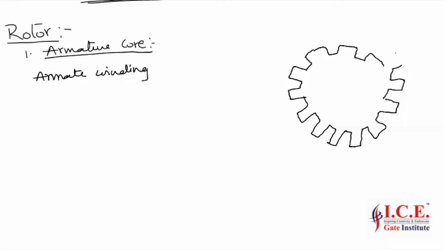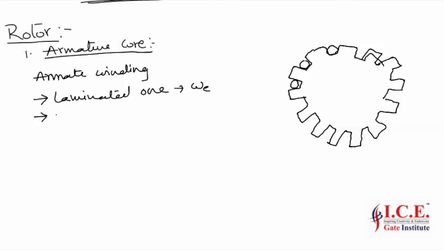In this slot and teeth arrangement, the conductors are placed in the slots like this, so that the armature core is a laminated one to reduce the eddy current losses.